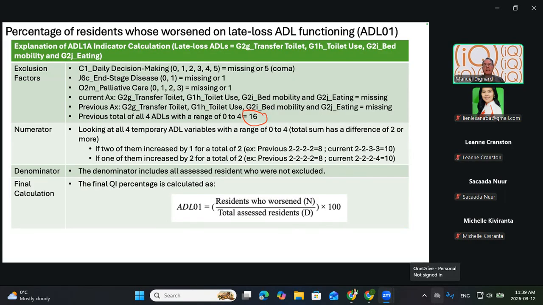So what they're saying here is, if your previous was 16, you can't get worse. There's no getting worse. So you're not part of this QI.